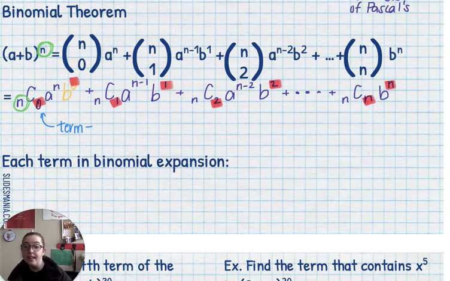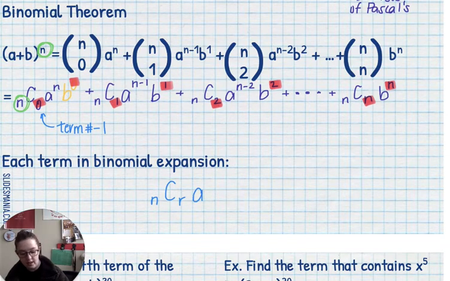So let's take a look at what it will be for each term in the binomial expansion. So we'll have n choose r, a to the n minus r, b to the r. n is the power on the binomial.